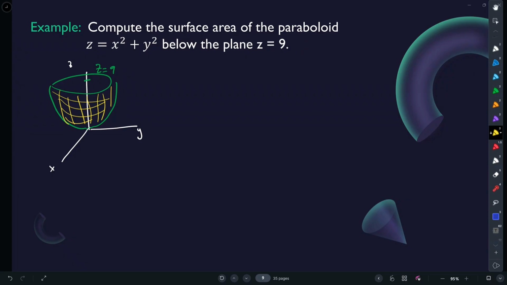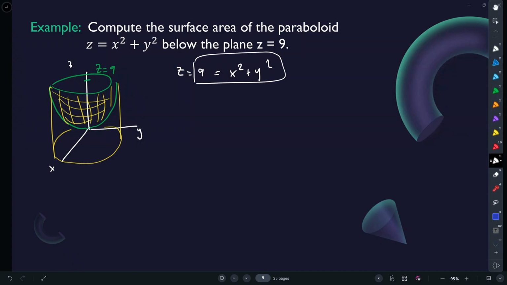This is the graph of a function. The domain, by the way, is going to be the projection on the xy plane of this object. To find the projection, since this is opening up, the largest projection we can get is when z equals 9, and the projection will be x squared plus y squared equals 9, which is the cross-section that I get at z equals 9, and this is a circle of radius 3.